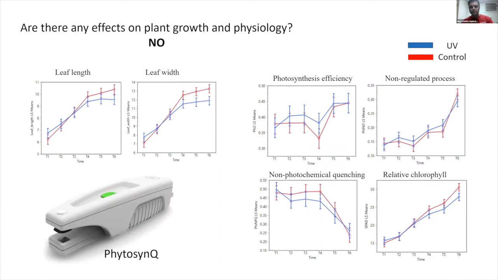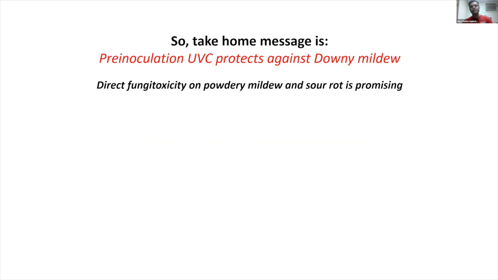In a couple of cases we see some differences, but in the majority of cases we see the same pattern between the UV applied and unapplied. So this is fantastic.